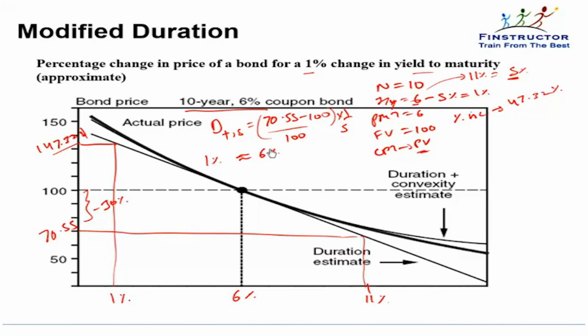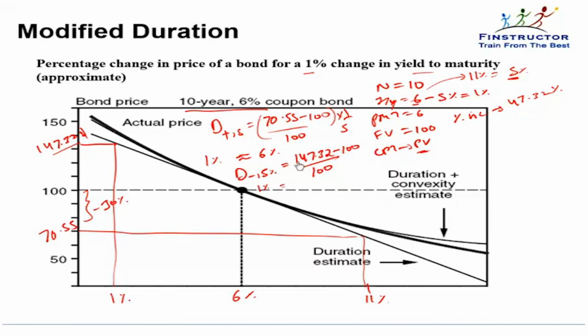Similarly, when yields fall by 5%, the price of the bond becomes 147.32. 147.32 minus 100 would be the change in the price, divided by 100 would be the percentage change in the price of the bond. There's a 47% change for a 5% decline in yield. For a 1% decline in yield, what will be the change?